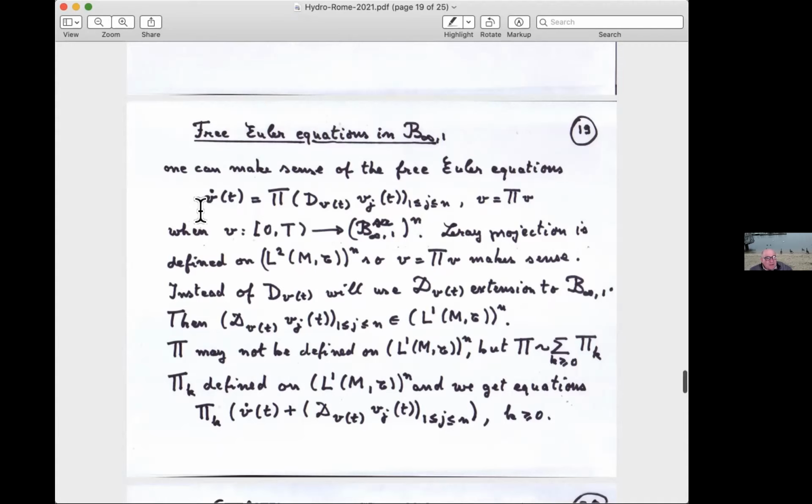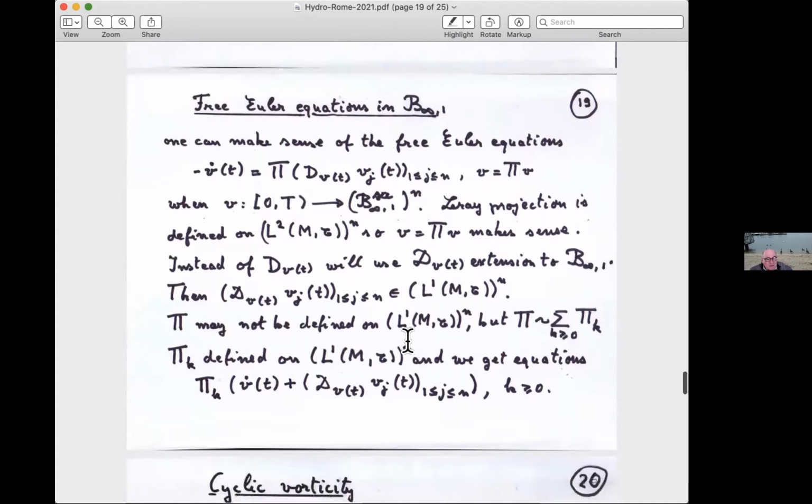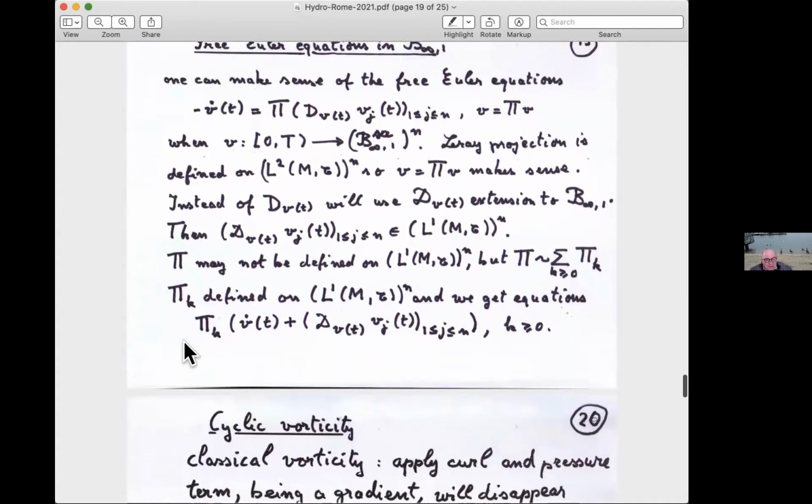So these equations, minus v dot t, p, etc., when v takes values in B infinity comma 1, can be defined. One can make sense of these equations, but one has to be careful: since the Leray projection P is not defined on this L1 space, one can only use these finite rank things, the k-th order P_k.